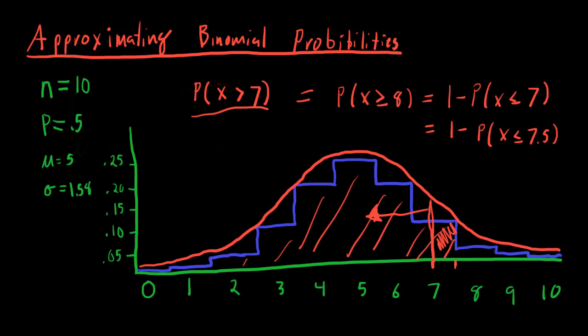So if we then just find the z-score of our 7.5, we have 7.5 minus 5 divided by our 1.58 for our standard deviation, we get 2.5 over 1.58, which is actually equal to about 1.58 again. Then we look up our 1.58 value in our normal probability distribution table. If we do that, we get 1.58 is approximately equal to 0.4429.